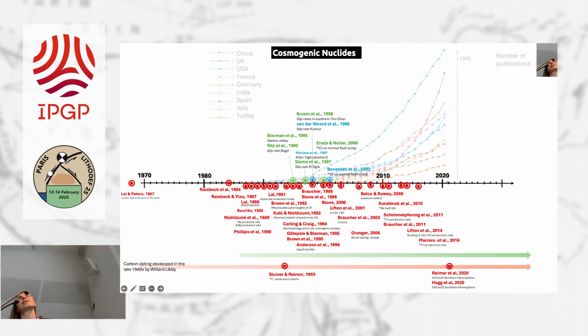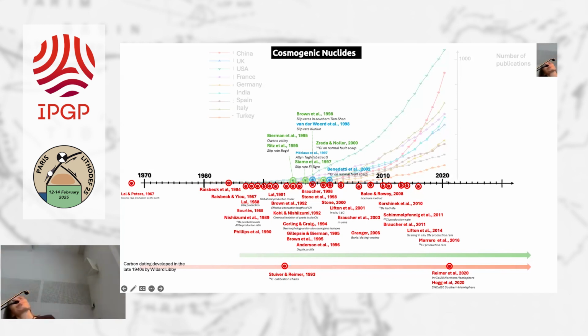for determining slip rates. The first two papers that really used cosmogenic dating looking at active faults are the paper from Brown and the paper on Owens Valley, and the paper from Rizza. It was the first time that the slip rate was determined along an active fault, along the Bogd fault in Mongolia.